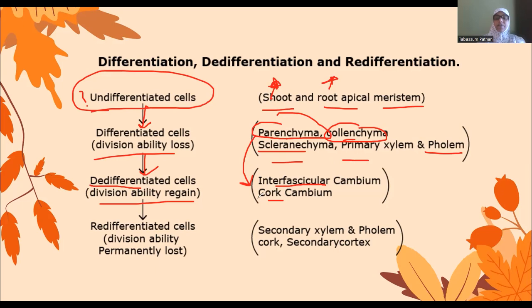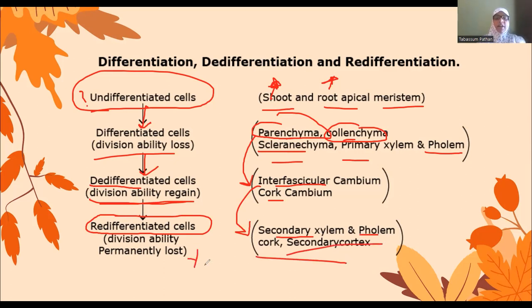Then these de-differentiated cells can undergo redifferentiation, like interfascicular cambium and cork cambium becoming different types of cells, such as secondary xylem, phloem, and secondary cortex.